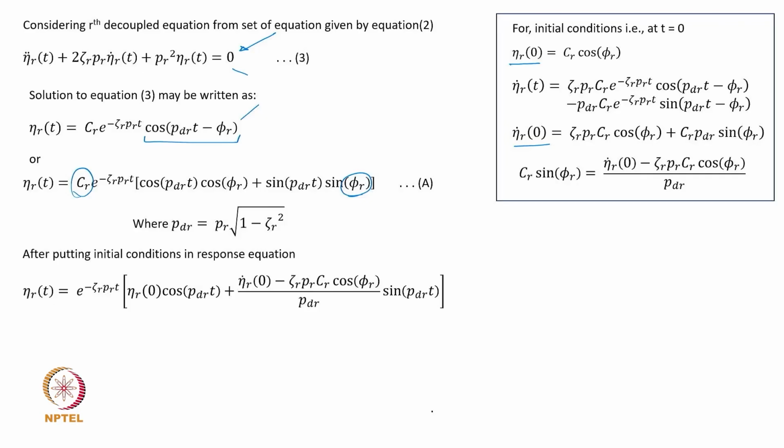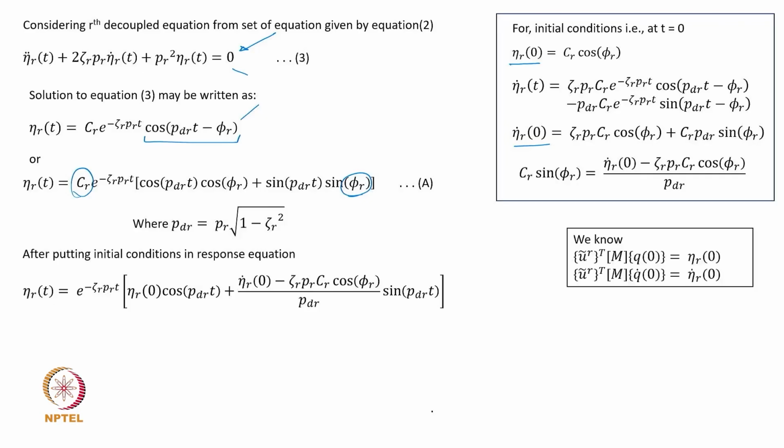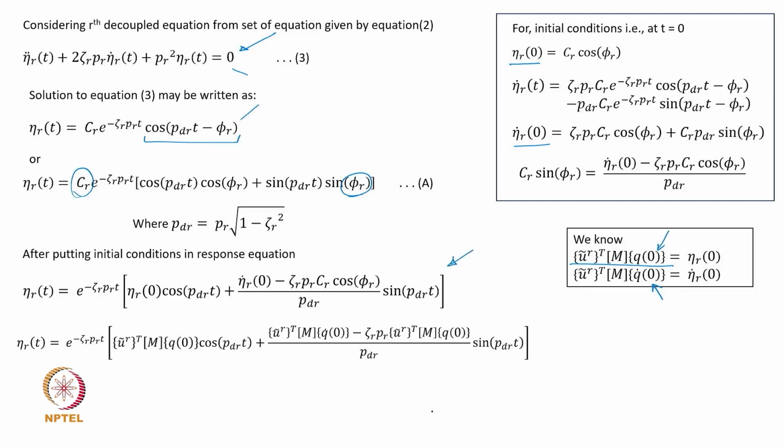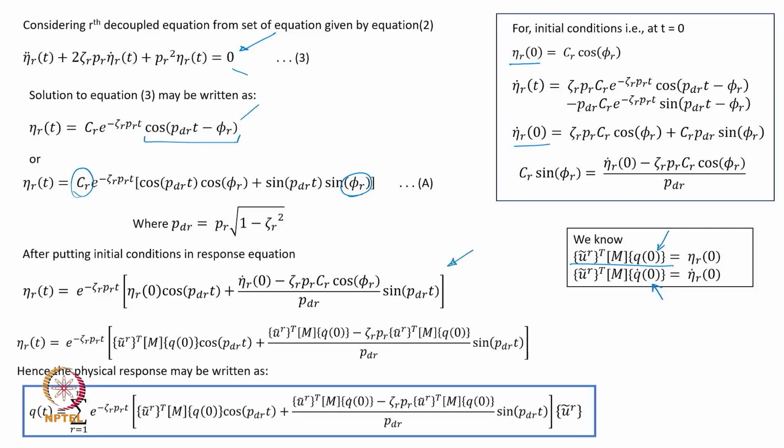Now, by substituting this CR and phi r, one can then substitute for these constants by again making use of the initial conditions in the physical coordinate. So, these equations now we are quite familiar with. So, eta r naught is expressed in terms of the q naught and q dot naught, which if we substitute back into this equation, we can finally get an expression in the physical coordinate. In the principal coordinates it is given by this.